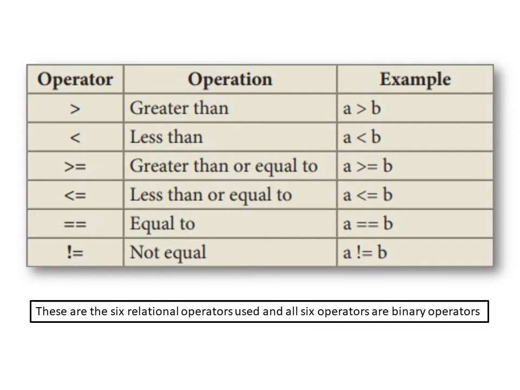Now here, these two, equal to and not equal to, are comparison operators. A equal to B means they are comparing whether the value is true or not. Same in the case of A not equal to B. Since relational operators are using two operands, right? So these are known as binary operators.